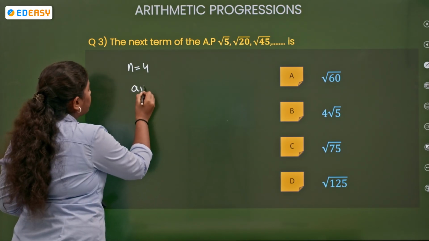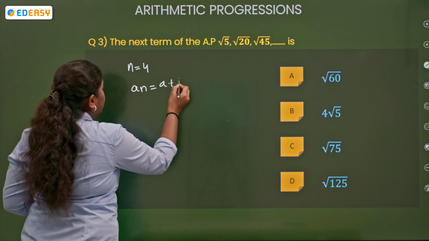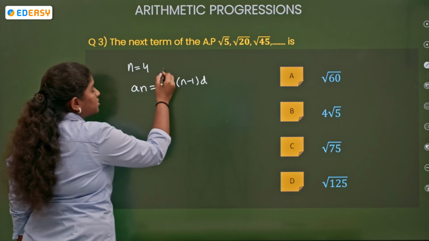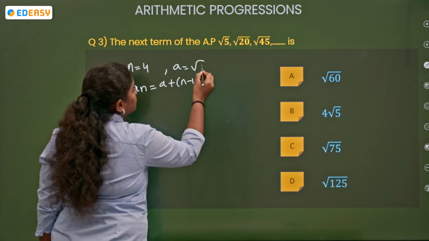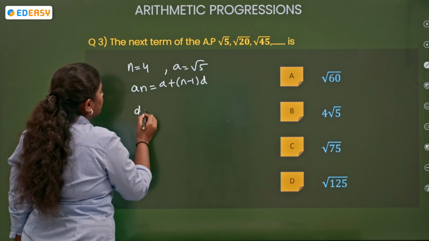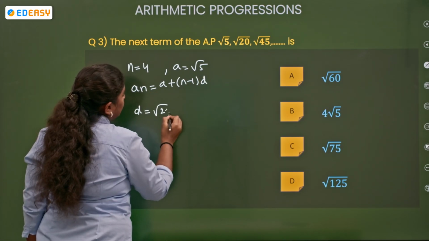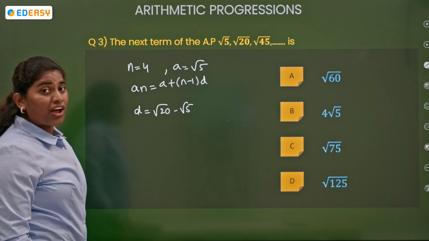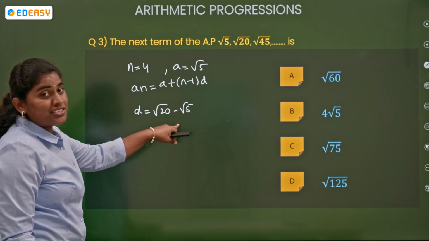Now apply the formula of an, that is a plus of n minus 1 into d. What is your a value? A value is root 5. And what is your d value? The d value is given by root 20 minus root 5. Now we may have a doubt about how to simplify this root 20 minus root 5.